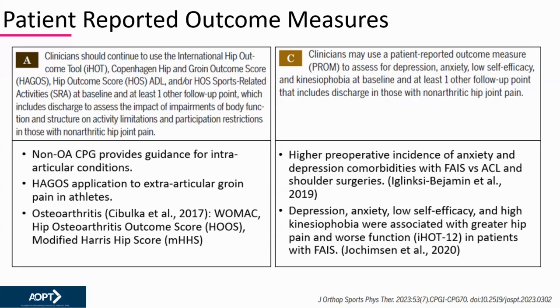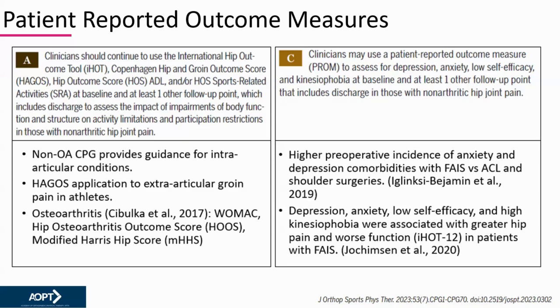Inklinski and Benjamin in 2019 provided evidence showing a higher preoperative incidence of anxiety and depression comorbidities in people with FAIS versus those undergoing ACL and shoulder surgery procedures. Joachimson continues to produce literature showing depression, anxiety, low self-efficacy, and high kinesiophobia associated with greater hip pain and worse function, specific to the FAIS population.